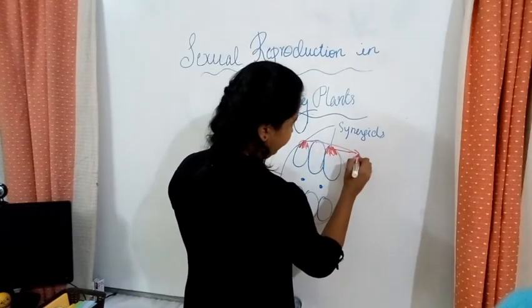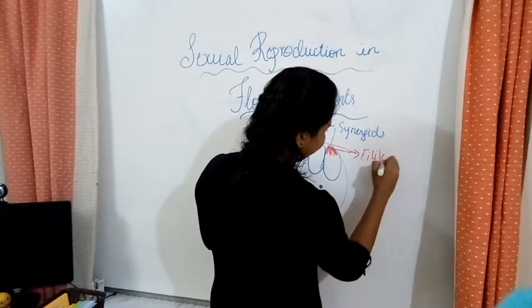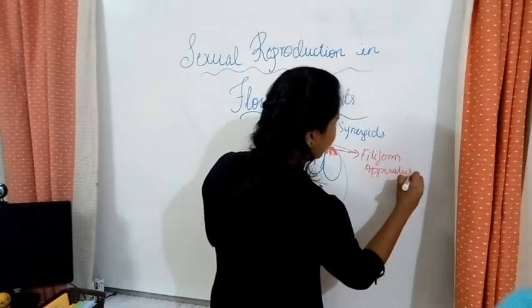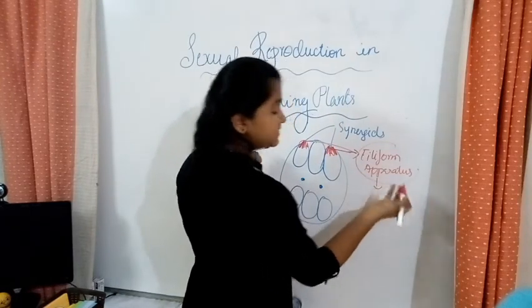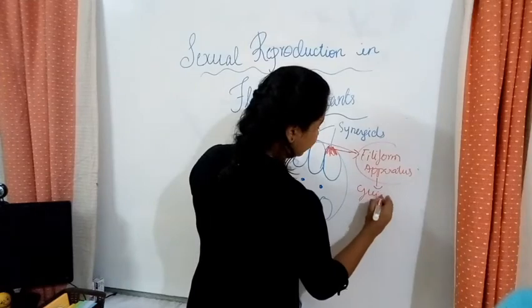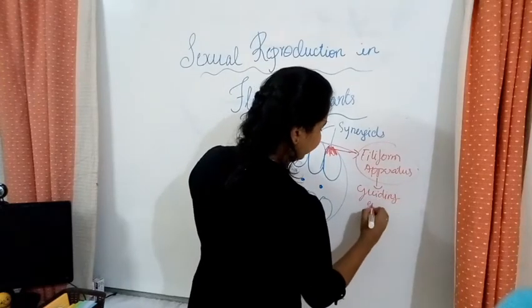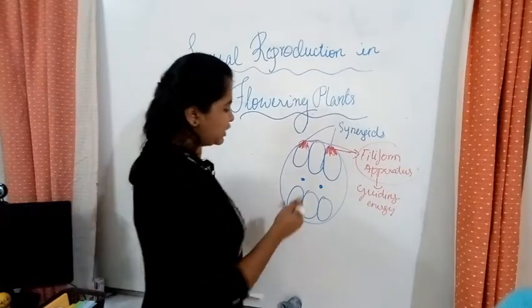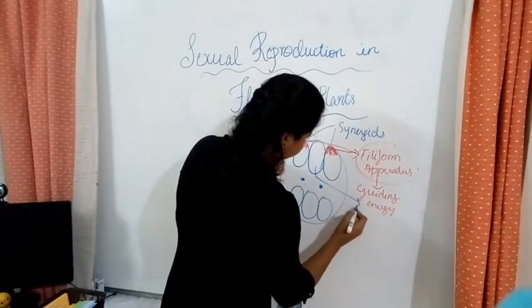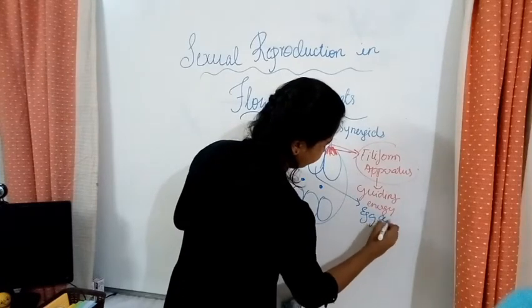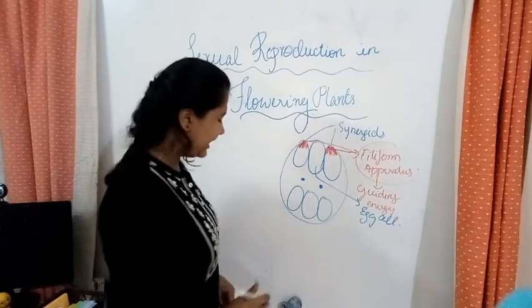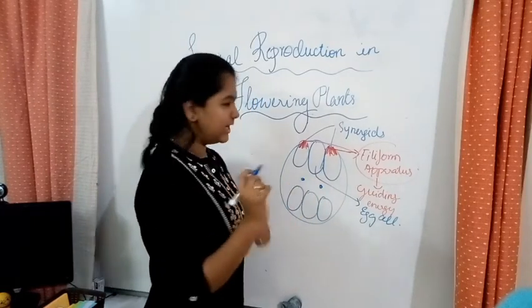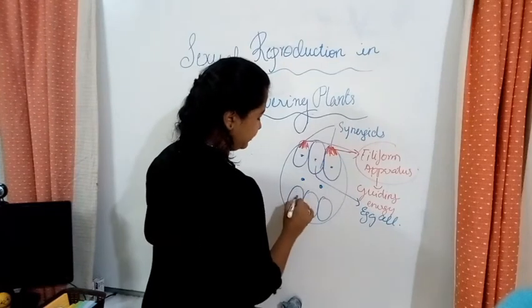This filiform apparatus helps in guiding the pollen tube. And this is called the egg cell. These two nuclei over here are known as the polar nuclei. Everything has a nucleus over here.